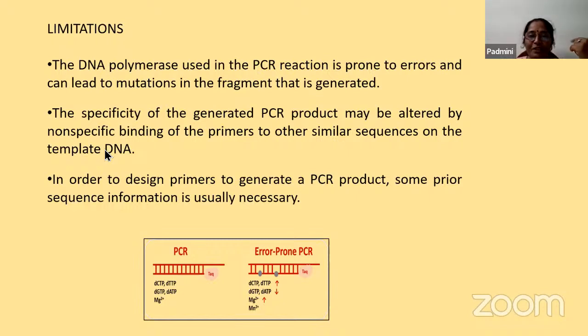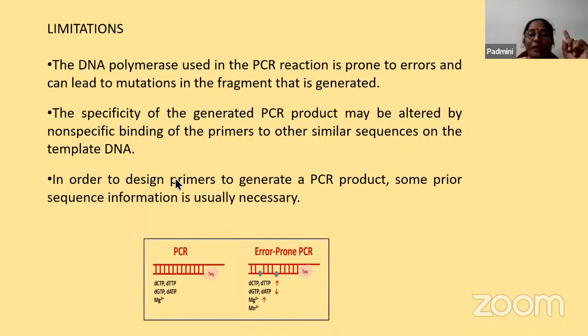Non-specific binding, as we must have heard, is another problem where instead of A, G gets bound, or instead of C, T gets bound. So that is again non-specific binding that can occur. And in order to design the primers to generate a PCR product, some prior sequence information is usually necessary. That's what I said.